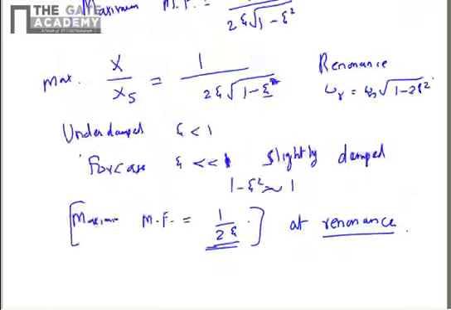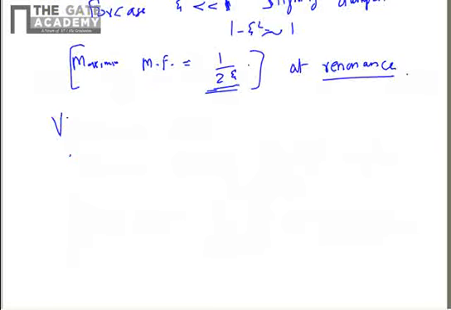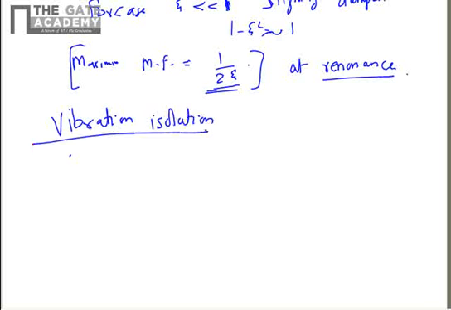Now we have covered the topic of resonance, so we come to the next topic, that is vibration isolation. This is a configuration we typically see in industrial systems, where there is some machinery that is vibrating. There will be some inherent rotating unbalanced part, or some reciprocating part, so it will have some dynamic excitation.